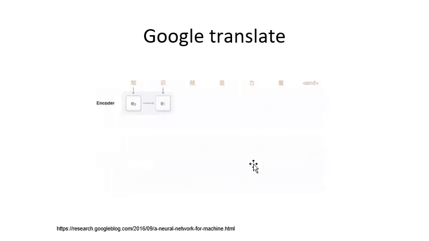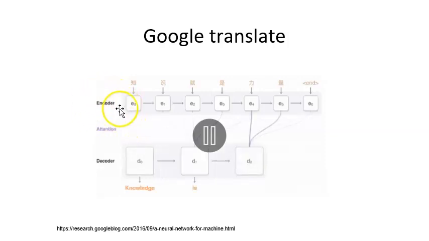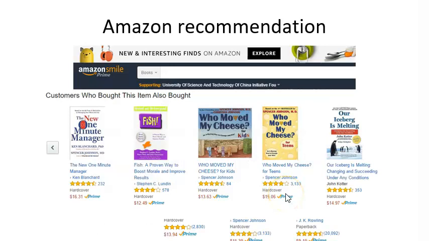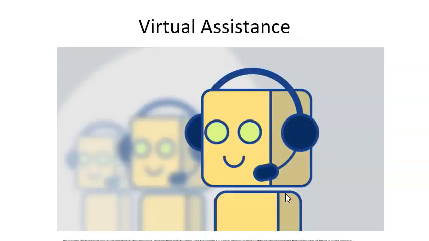Some other examples include Google Translate. It is also using machine learning to translate from one language to another. Amazon is also an AI company. The company uses it a lot in many different areas. Chatbots, also called virtual assistants, are absolutely AI and machine learning applications.